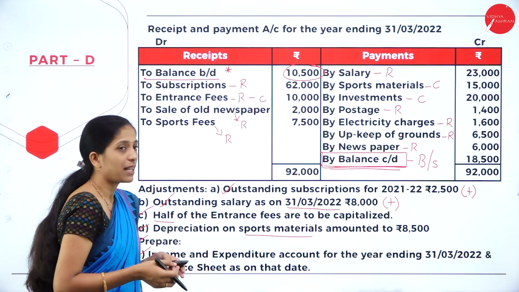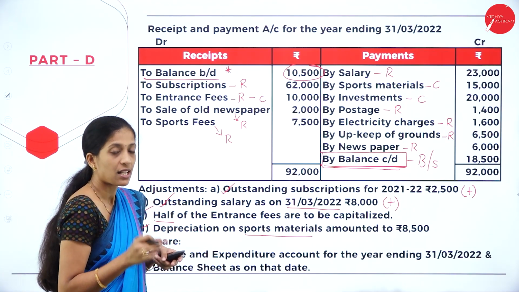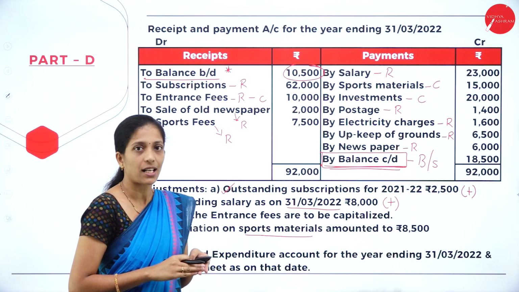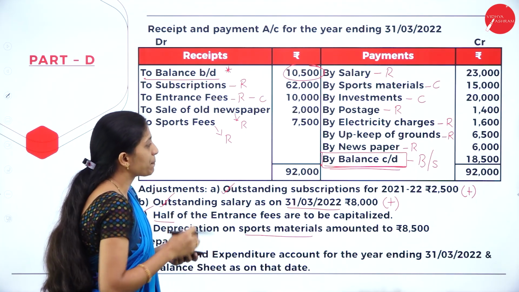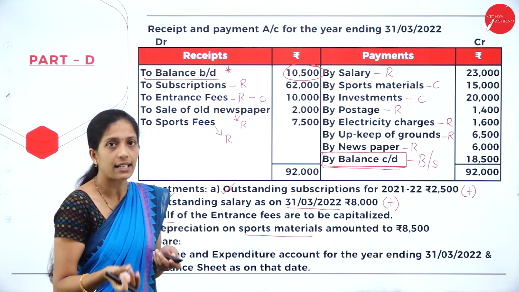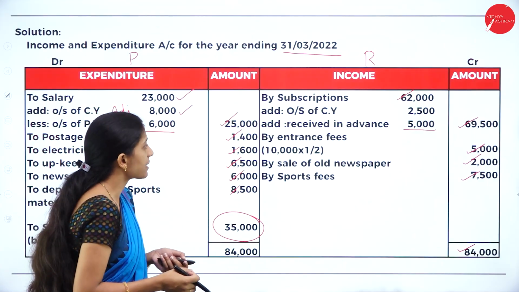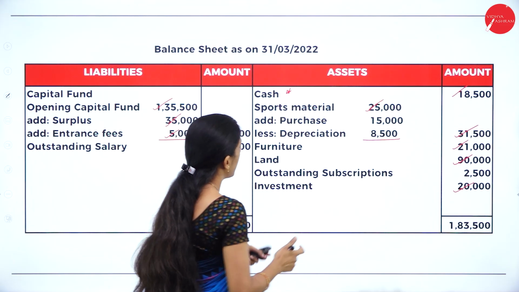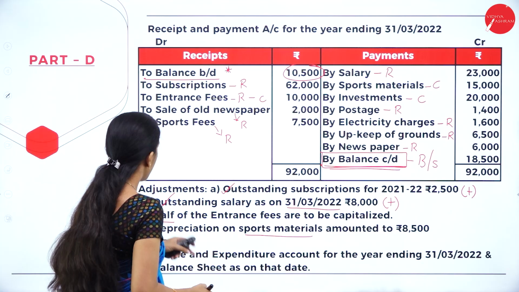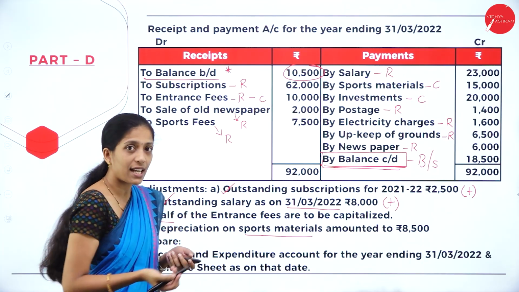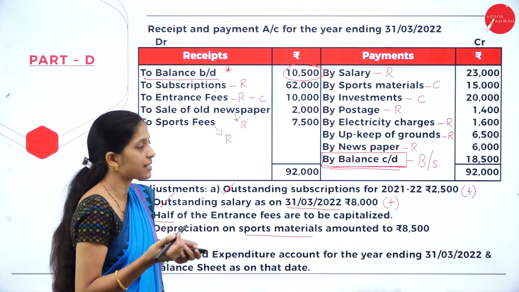Now go through the adjustments. All the adjustments have to come twice: once in our income and expenditure account, and once in the balance sheet. Outstanding subscription is outstanding income, so it is an asset. Record on the asset side outstanding subscription 2,500. Next, outstanding salary is an outstanding expense, so it is a liability.